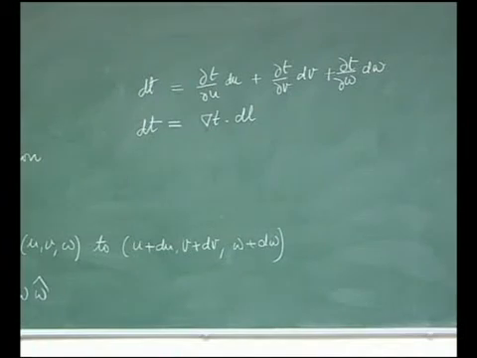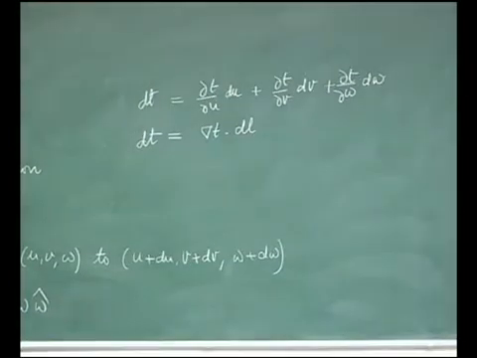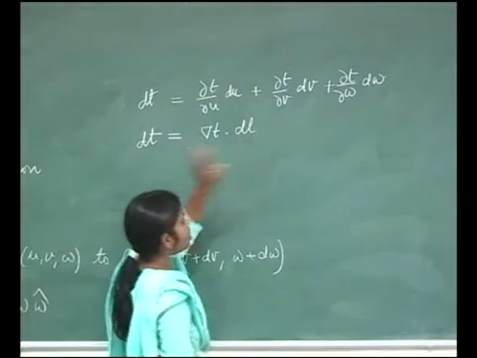Okay. So that is, dt is equal to del t dot dl.